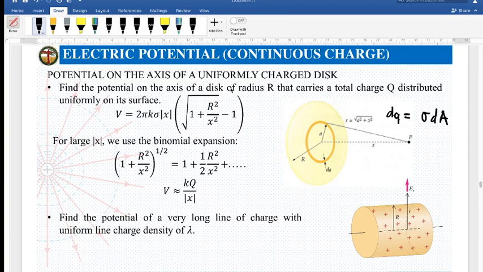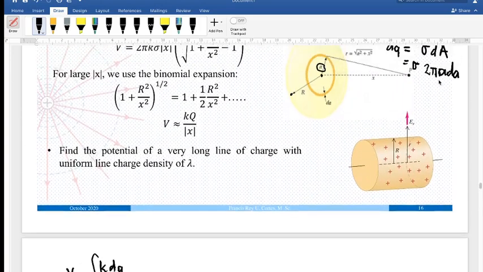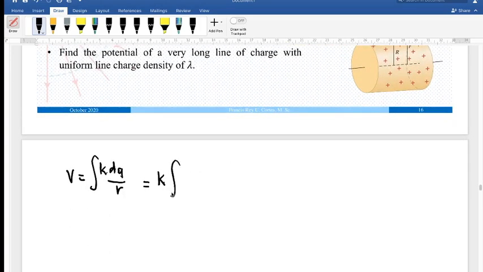So we have sigma, and your dA is 2 pi a da, since a is the radius of the very small ring. This is added from radius equal to 0 up to the total radius of the disk, so a is the variable that is changing.